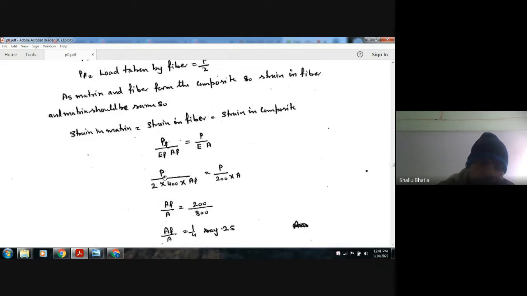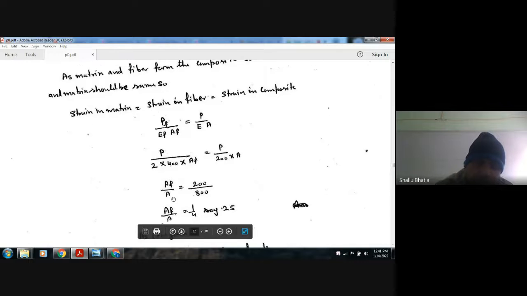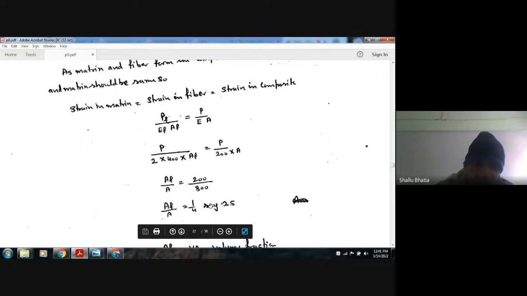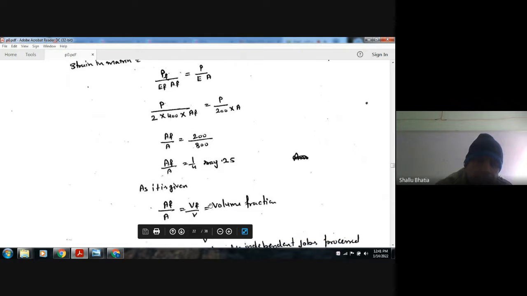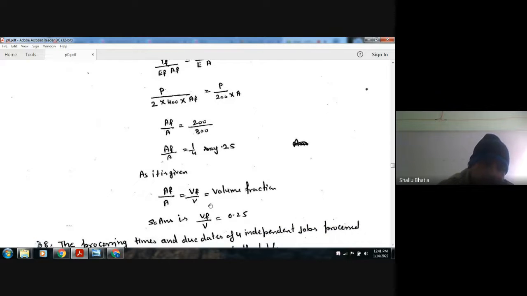PF is P by 2. Putting these values we can find AF by A equal to 200 by 800, that is 1 by 4. So the area ratio is 0.25.